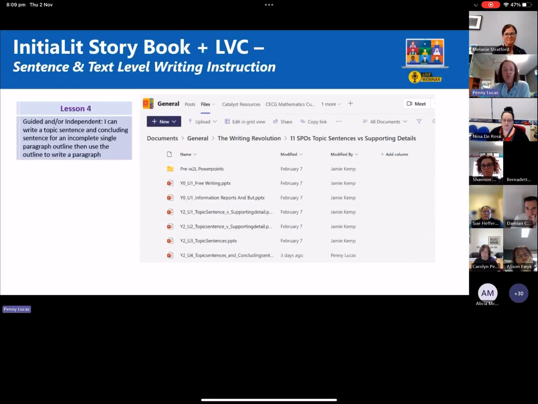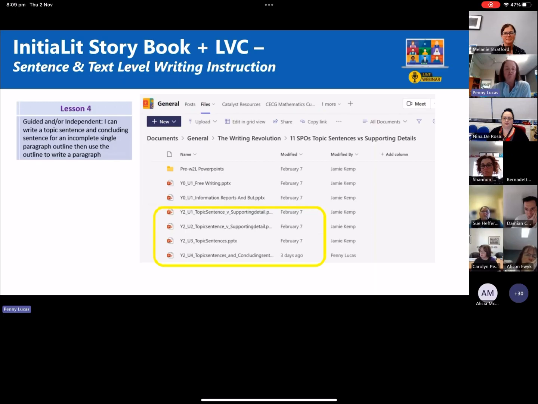Then in lesson 4, that's when we're moving on to it being less guided and more independent. Again, you can use these slides from these slide decks provided on Teams to come up with your own sort of slide deck. So you might use the later slide decks where it's moving into the you do a little bit more.